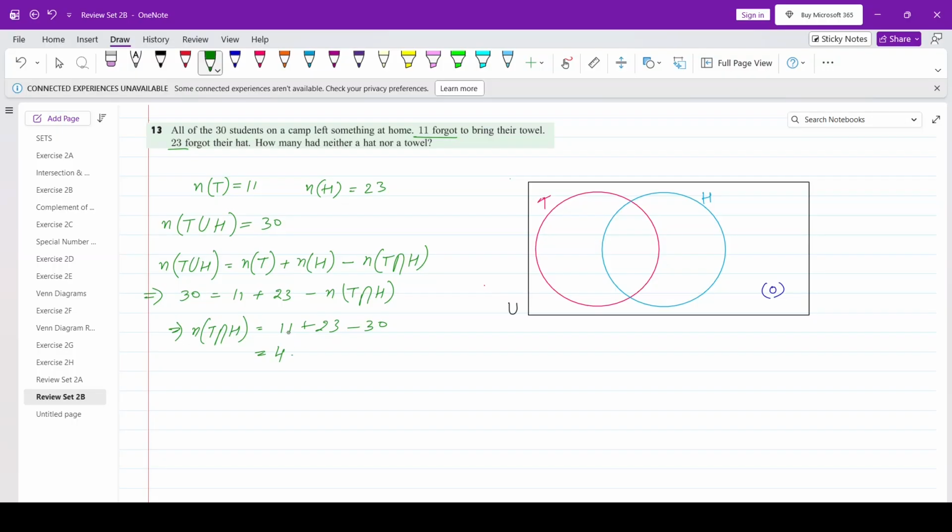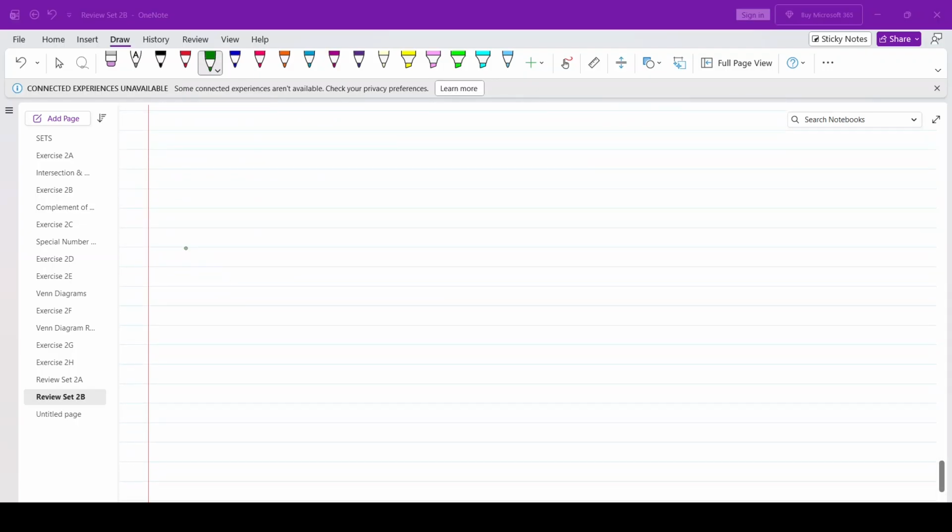So this is going to be 4. Now we know 4 students are there who neither had a towel nor a hat. So this is our answer. Let's go to the next question.